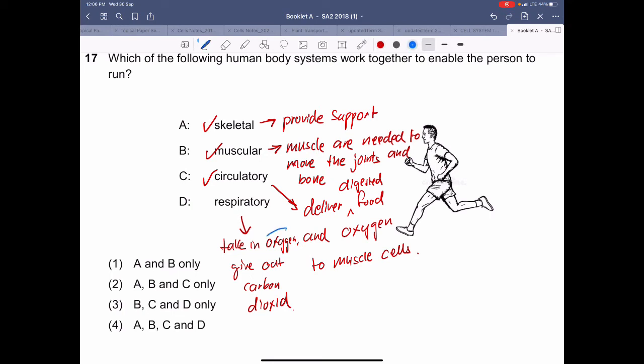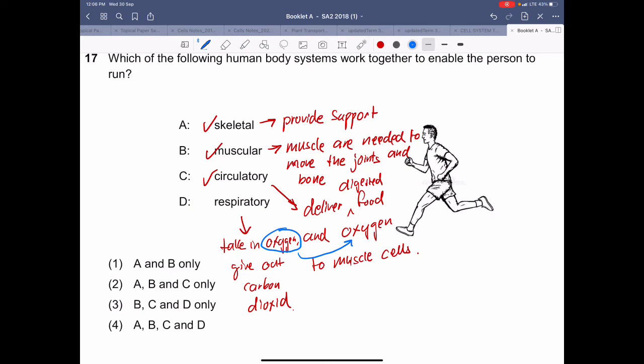Okay? And if you can see, the oxygen actually comes from here. When your circulatory system delivers oxygen, the oxygen is taken in by the body by your respiratory system. So without your respiratory system, your circulatory system cannot bring any oxygen to your cells.